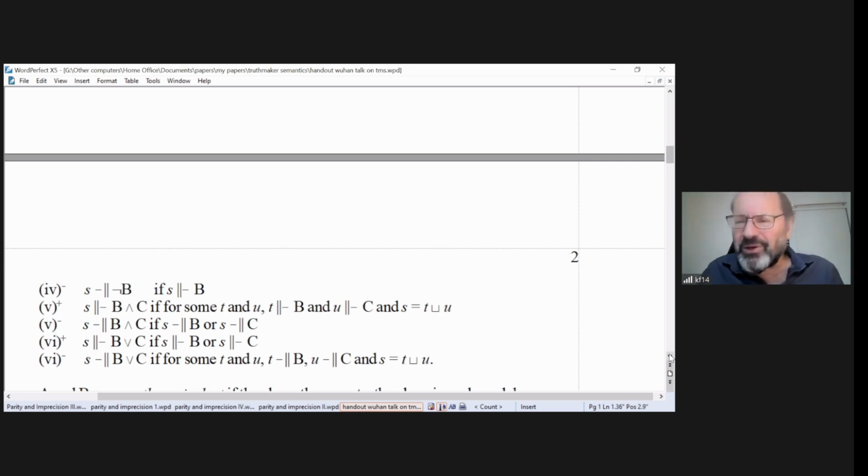And you might think, oh my goodness, how could we possibly reject that A and A have the same content as A? Okay. So if you have this kind of abhorrence for rejecting that principle, then you want to go for the inclusive semantics.